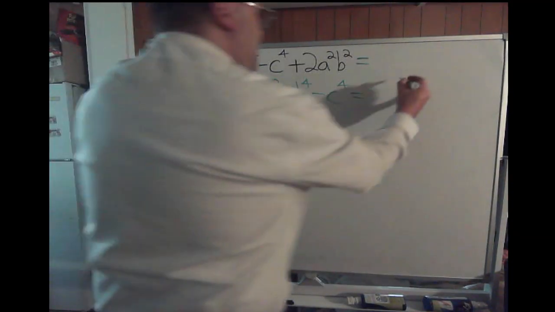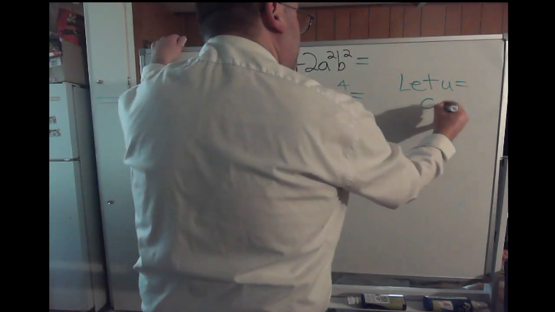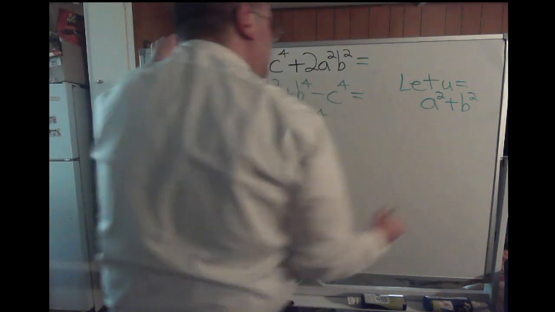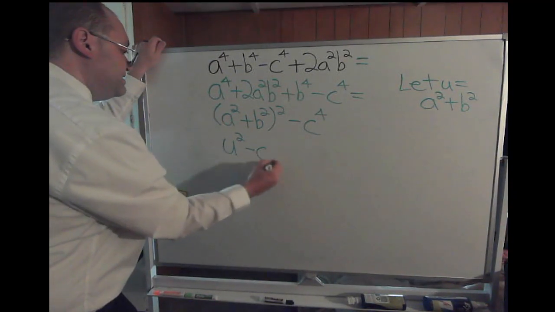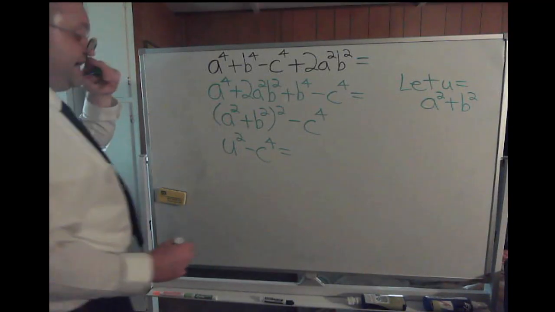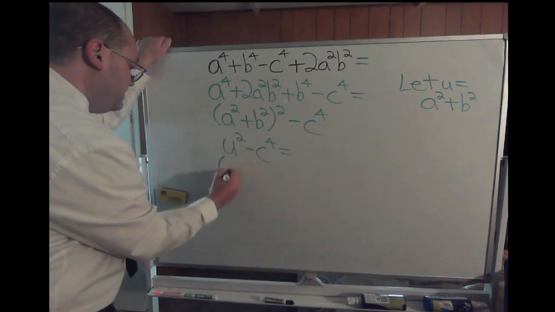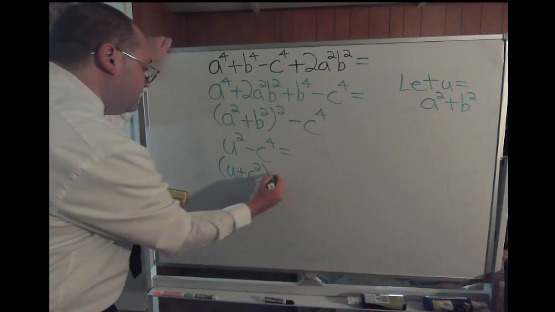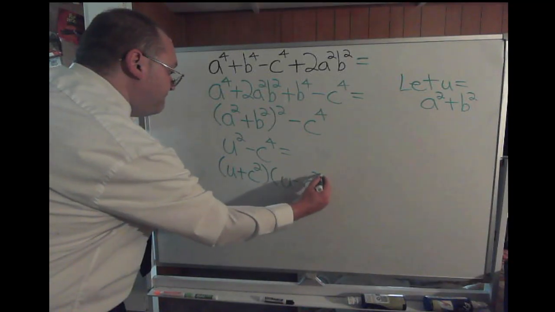Well, I would again let u equal a squared plus b squared. Go ahead and do that. You would end up getting u squared minus c to the 4th. So now, if you take the factorization of this difference of two squares, you would get u plus c squared, that quantity times u minus c squared.